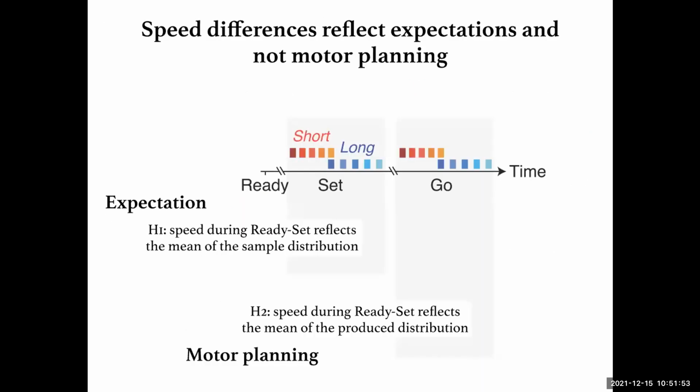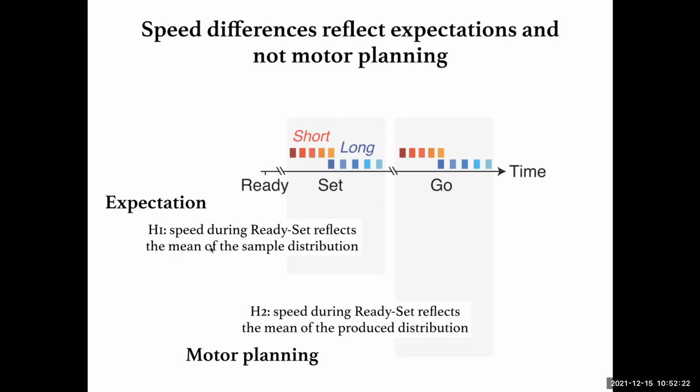Just as a side note, we performed an important control to make sure that these speed differences reflected expectations and not simply motor preparation. Indeed, if you think about the design of the task, in the original paradigm, there is one hypothesis, which is the one that I've been exploring, which is that the speed during the ready set epoch reflects the mean of the sample distribution that we use.